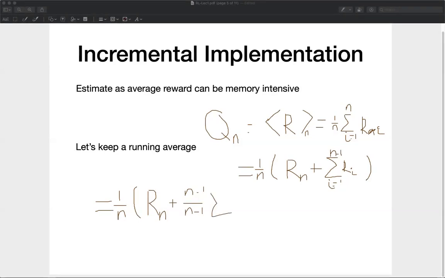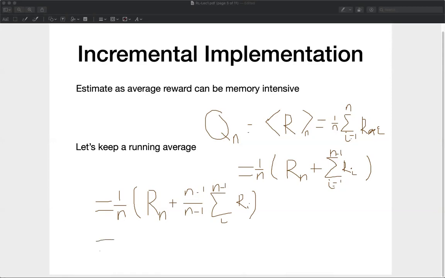And I take a sum over n minus 1 of r of i. Okay, so you can see how this term here, the sum divided by n minus 1, is simply going to be q of n minus 1, right?